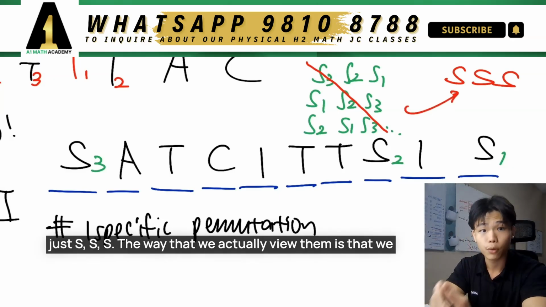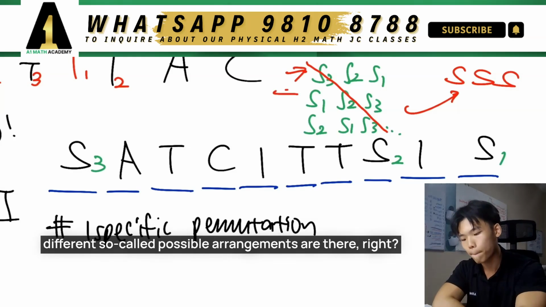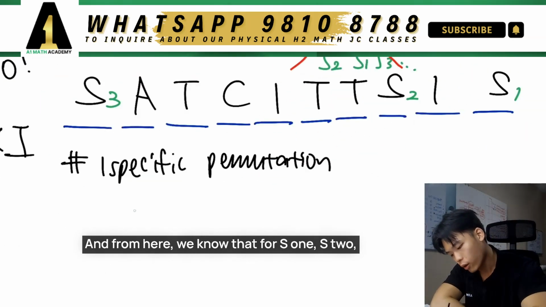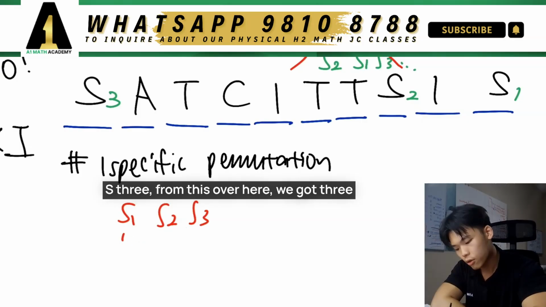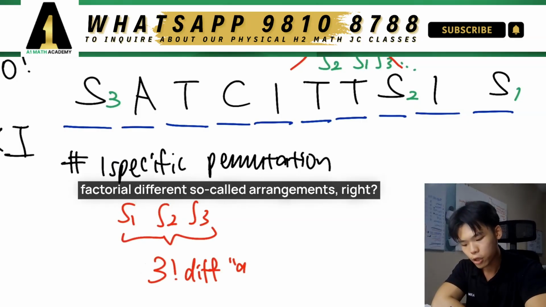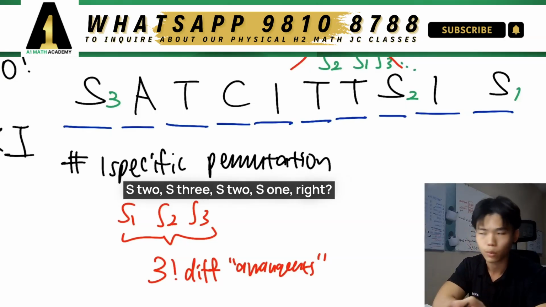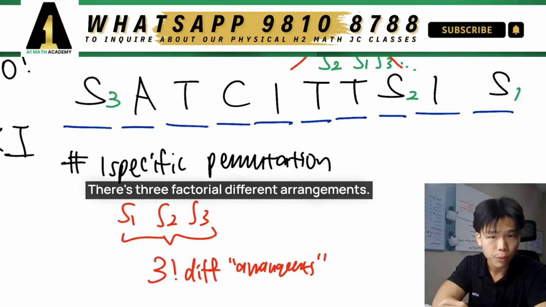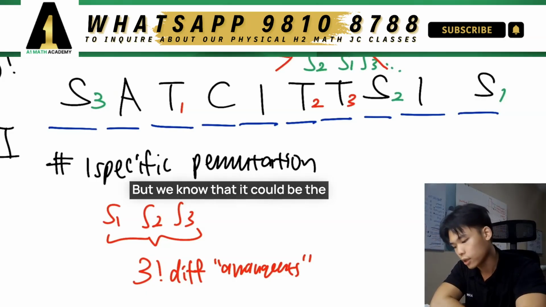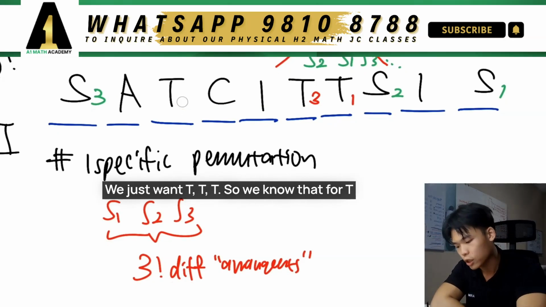The way we do that is we first count how many different possible arrangements there are. For S1, S2, S3, we get 3 factorial different arrangements. It can be S1, S2, S3, or S3, S2, S1, and so on. Same for the T: T1, T2, T3, it could be T2, T3, T1, but we don't care, we just want TTT.